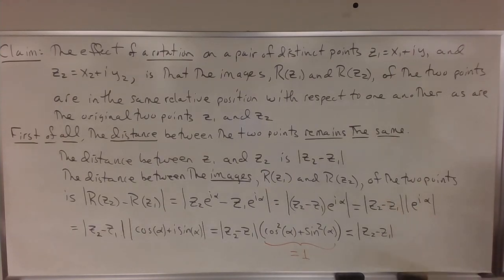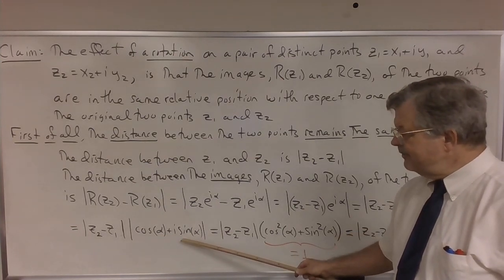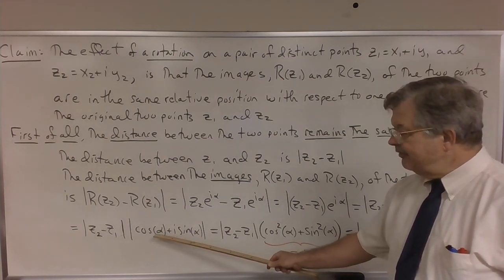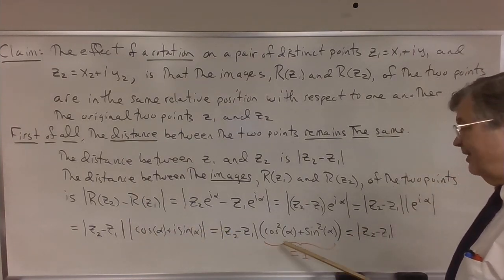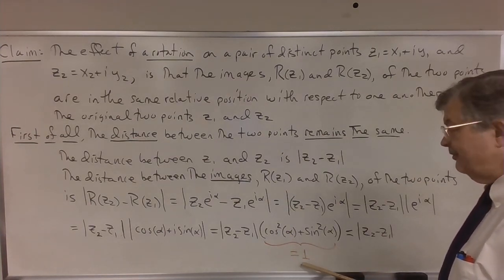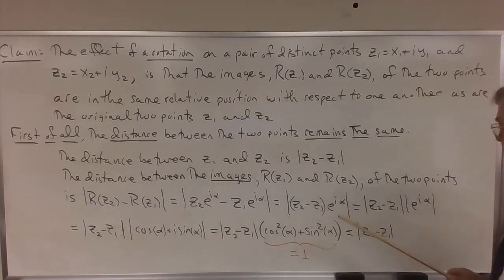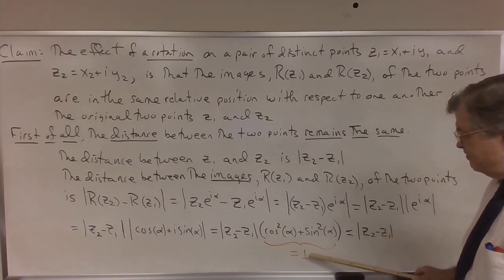And what is the modulus of e to the i alpha? E to the i alpha is the same as cosine alpha plus i sine alpha. And the modulus of this is the square root of the real part squared plus the imaginary part squared, cosine squared alpha plus sine squared alpha. That's just 1. So the modulus of z2 minus z1 times the modulus of e to the i alpha is just the modulus of z2 minus z1 times 1.